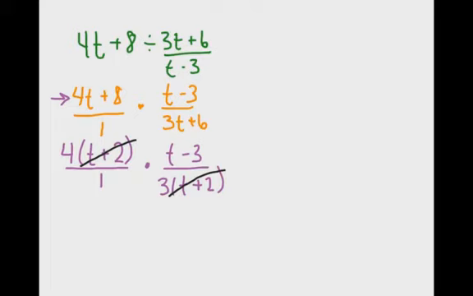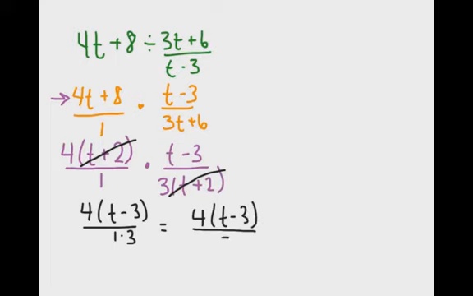That's all we can simplify, so then we multiply straight across, and we have 4 times t minus 3 over 1 times 3, and then simplify that: 4 times t minus 3, and we just have a 3 on the bottom. So there would be your answer.